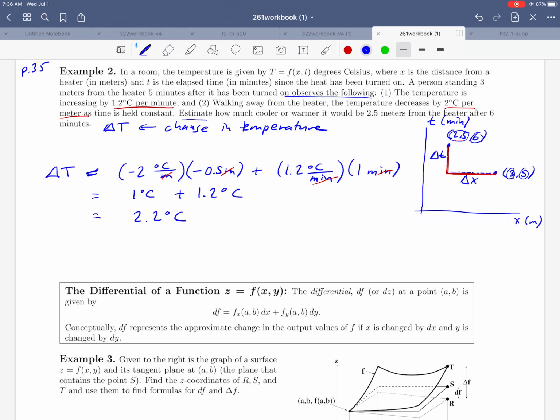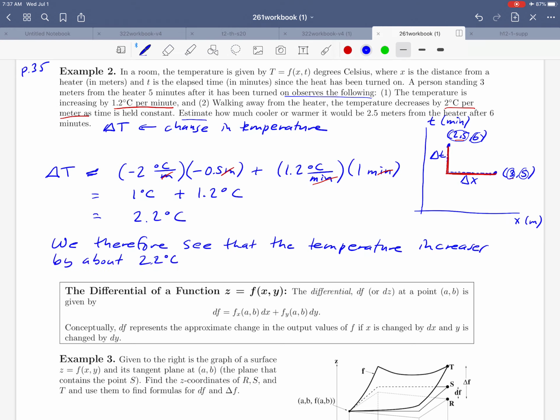So the answer to our question, if we write a brief sentence here: we therefore see that the temperature increases by about 2.2 degrees Celsius.